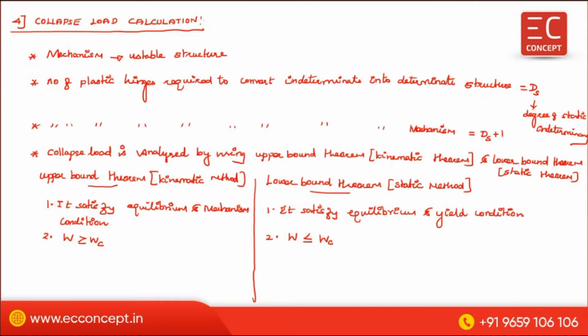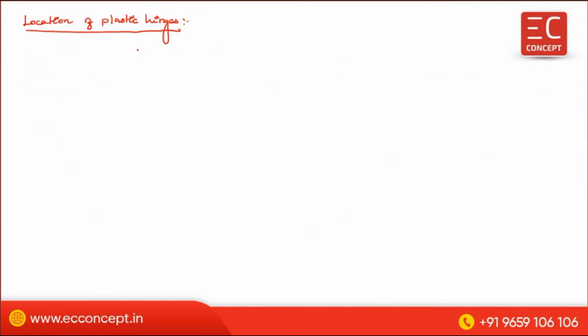Now we are going to see the location of plastic hinges. At what points can we give plastic hinges? The first one is at maximum bending moment points. Wherever you find the maximum bending moment, there you can put a plastic hinge.